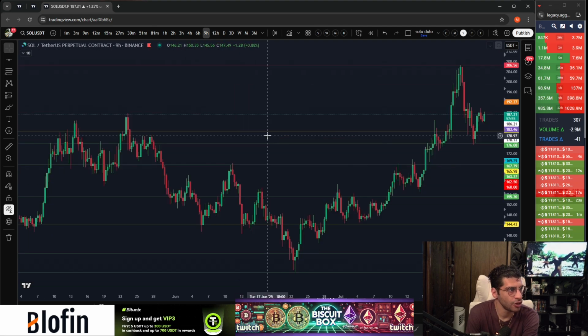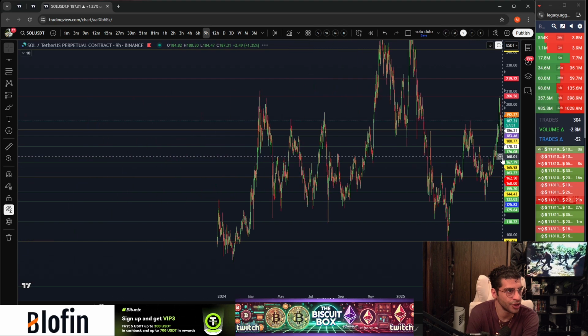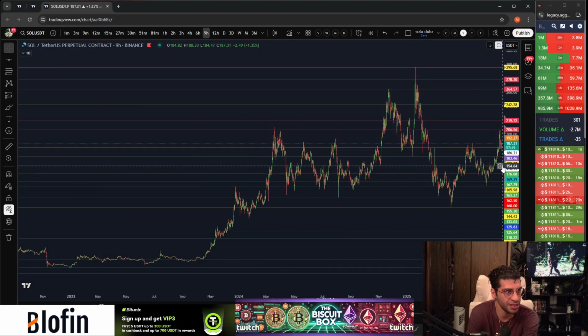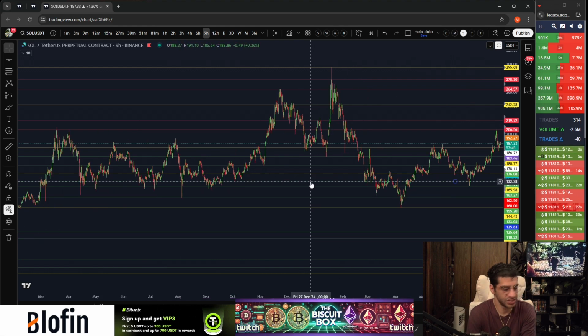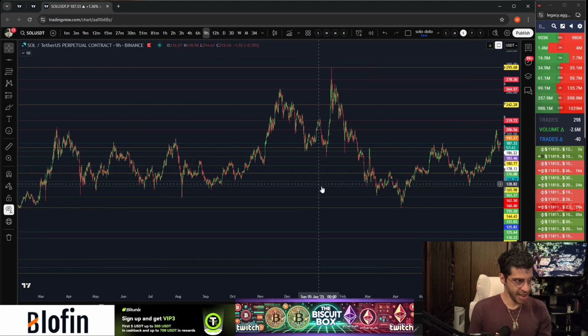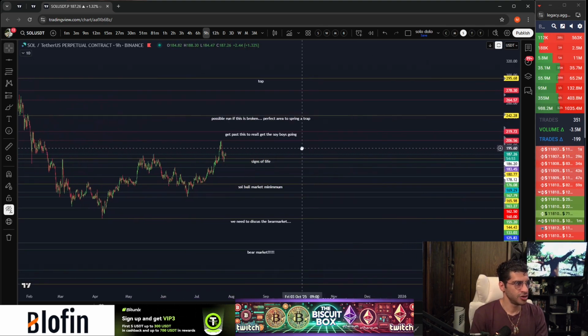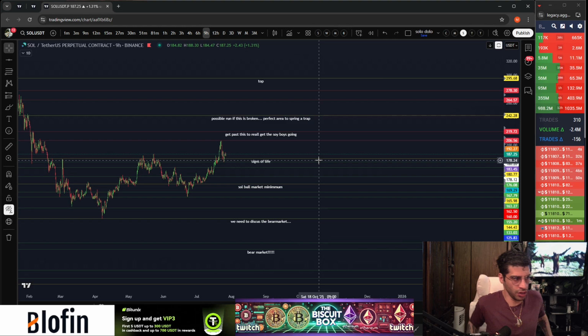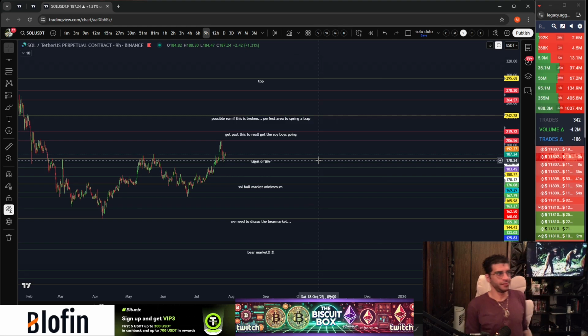Once I have all of the charts looking good and I like the levels and the color code is good and I feel like all the health lines are out, what I do is I start naming lines. Based off the charts and watching this chart for a long time, I've now named levels.